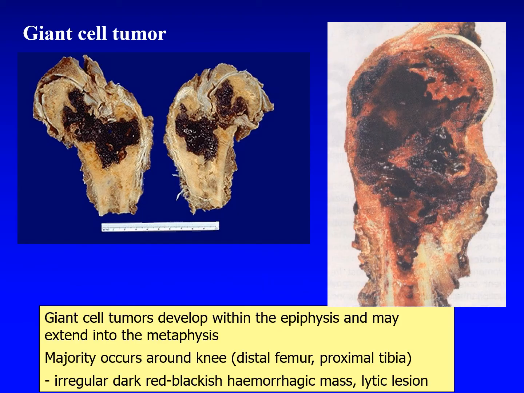Giant cell tumors develop within the epiphysis and may extend into the metaphysis. The majority of them occur around the knee, and they present grossly as an irregular, dark red, hemorrhagic mass which destroys the bone and is a lytic lesion.